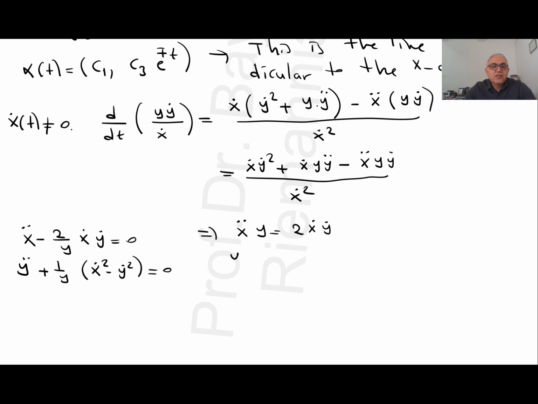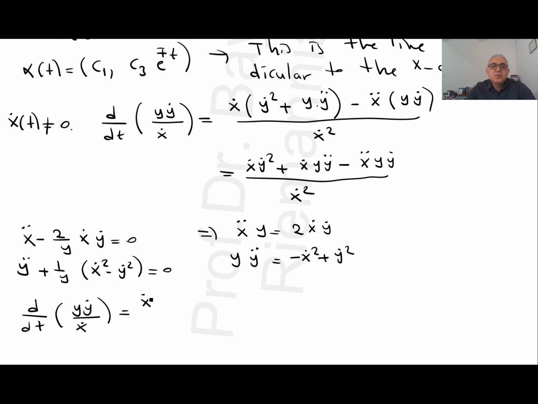So from here, the second equation equals negative x dot square plus y dot square.